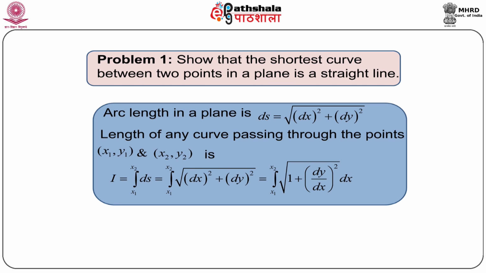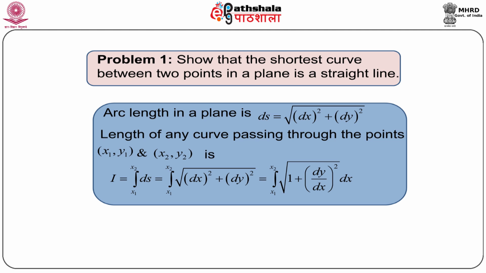The total length of any curve passing through the points (x1, y1) and (x2, y2) is given by capital I equal to integration x1 to x2 of ds. If we put the value of ds, then we get integration over x1 to x2 of square root of dx square plus dy square. After dividing by dx square, we get the result which has been written on the right hand side.